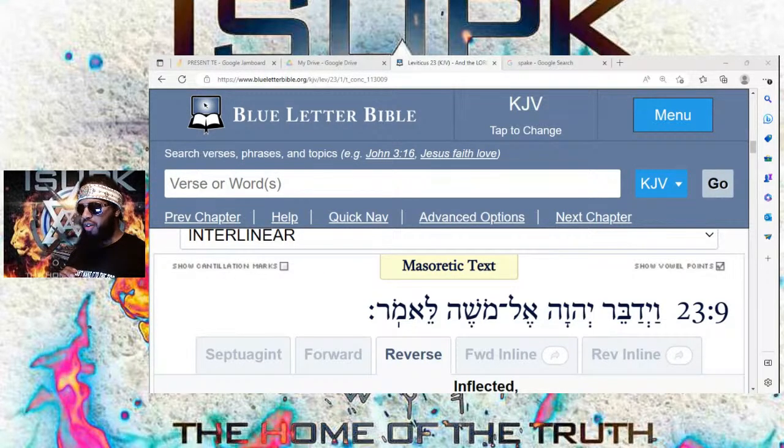It's more so an indicator. It's indicating that this verb is for someone. And of course, we know that Amar is speaking to who? Moses in this case. Everybody get that?